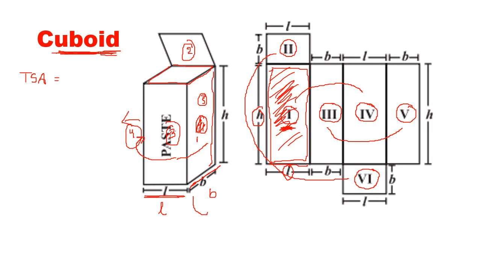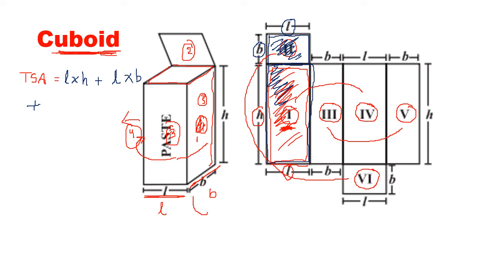To that we will add the surface 2, the one on the top. This is also in the form of a rectangle whose area will be length into breadth. So we will write here length into breadth.